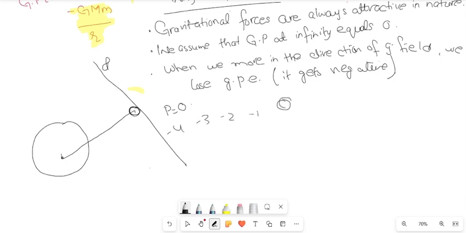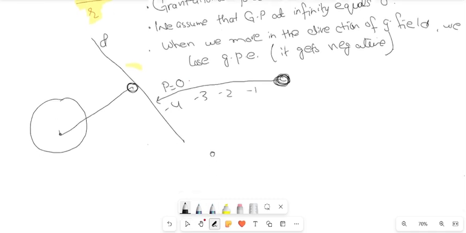So this is the planet at infinity, and then it just starts moving, because gravitational forces are attractive in nature, and so we need energy to pull them apart, and that is why it gets negative. I hope that was clear and that made some sense.